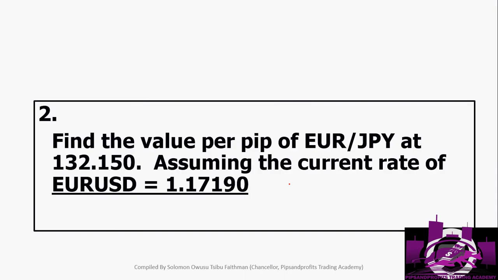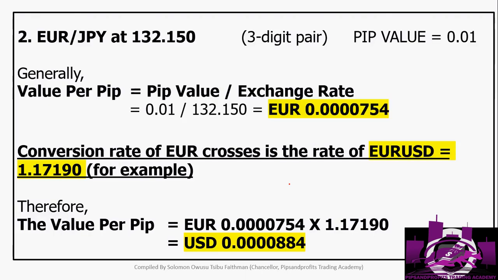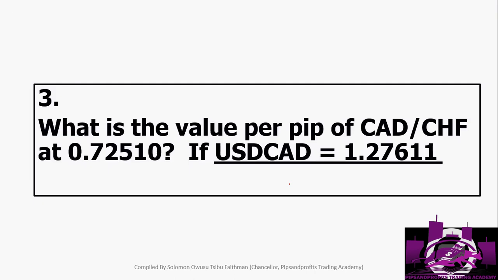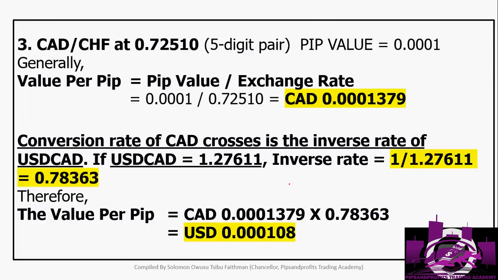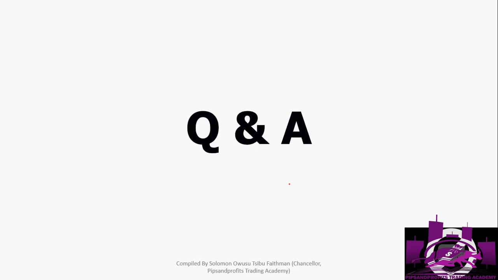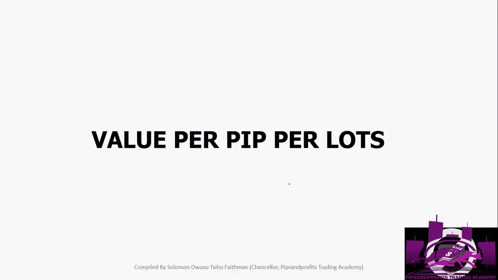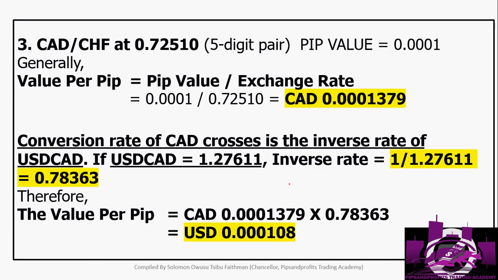We did a calculation for Euro JPY, and we had a different figure, 0.084. We had a calculation for USD CAD, and we have a different answer also for that. So in conclusion, the value per pip for cross pairs will vary. They are also not the same.